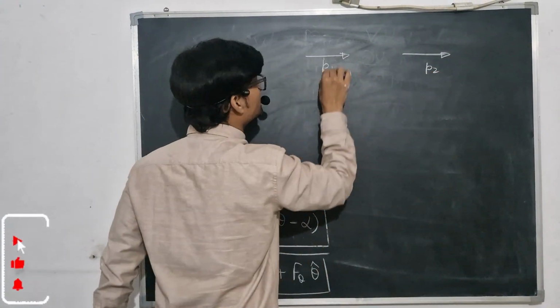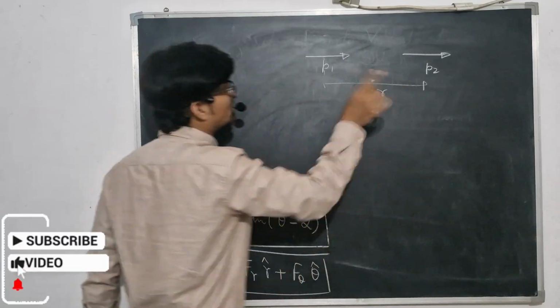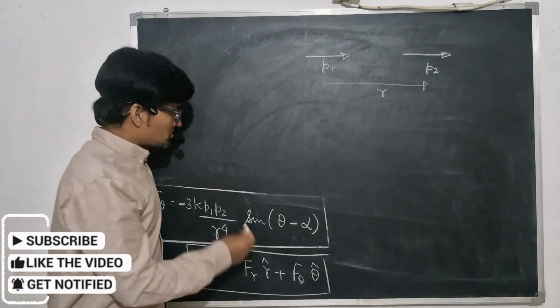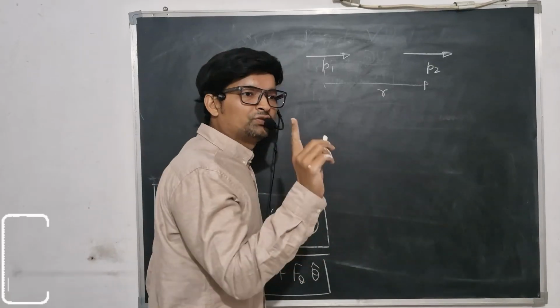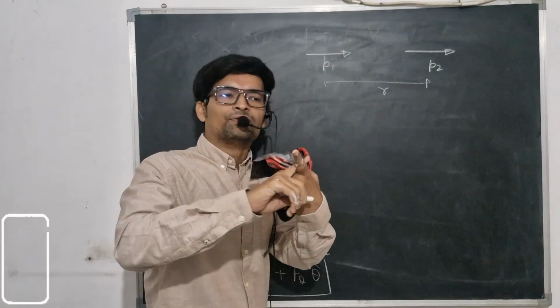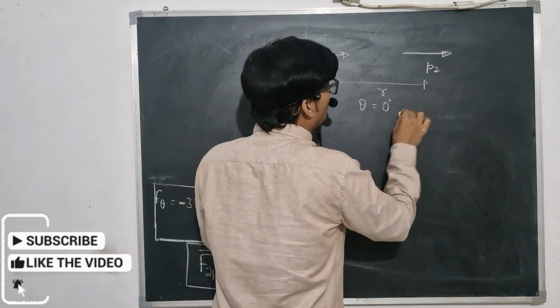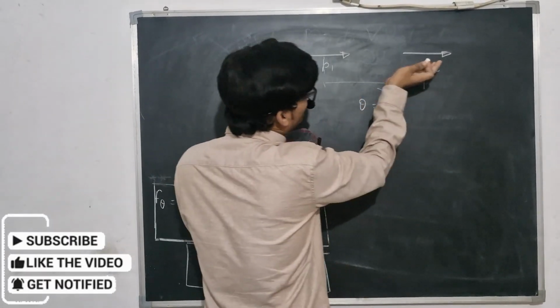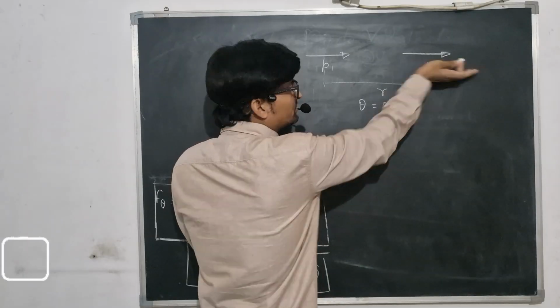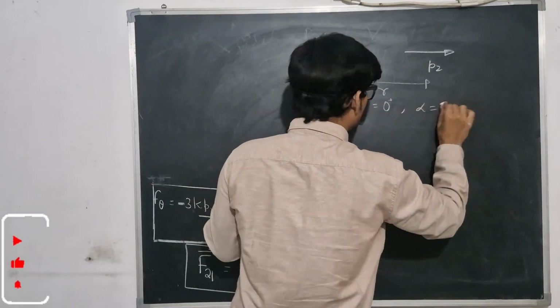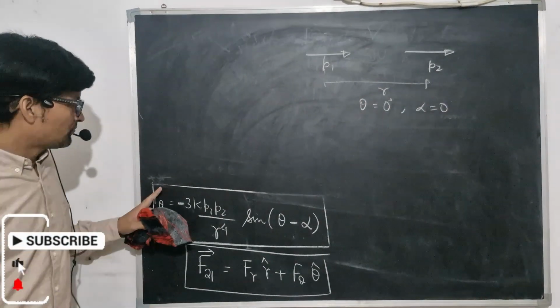What is the force of interaction between these two dipoles? r is the distance between them. First you have to identify r, theta, alpha. So what is your theta? Theta is obviously 0 degrees here. And what is alpha? Alpha is also 0, in this direction only. Finally you have to put these in your final result.